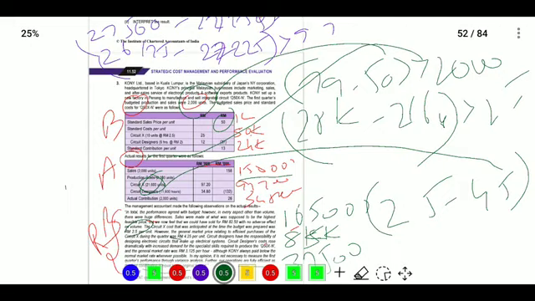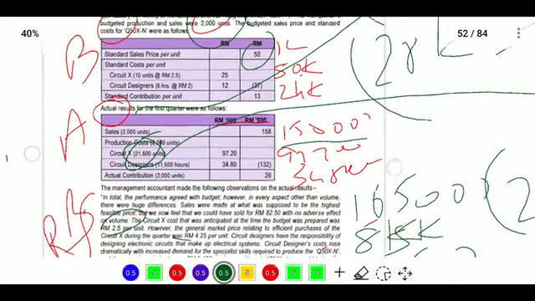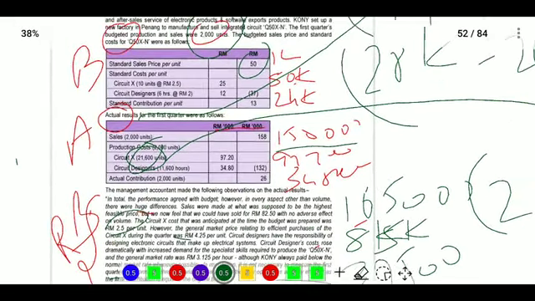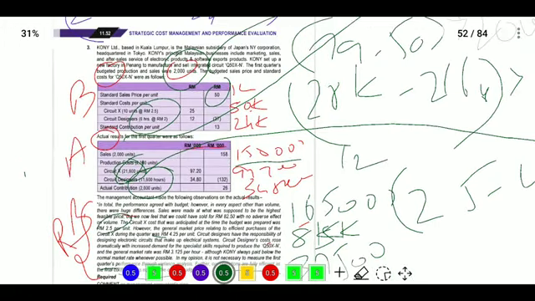We got the circuit X price variance and circuit X usage variance, and we have customer design. What happens in customer design? It is 6 hours into 2000 units, which is 12,000 hours. So for 12,000 hours here, and here they used 11,600. So 12,000 hours minus 11,600 into price.